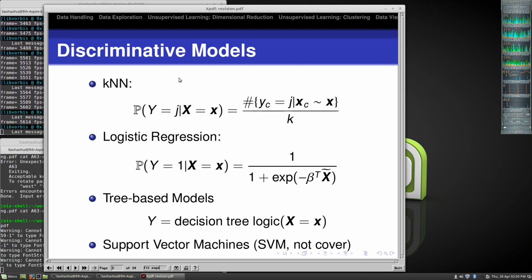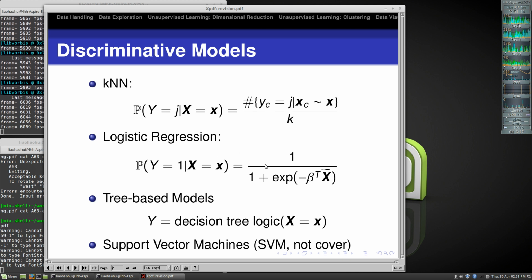So the determination of the classes of a discriminative model is basically based on the boundary, whether or not it's possible for us to visualize it.